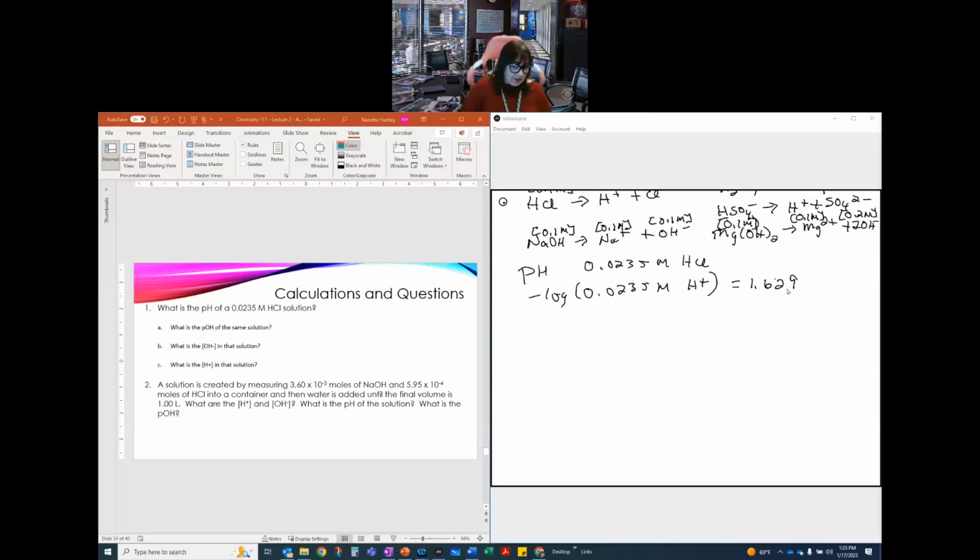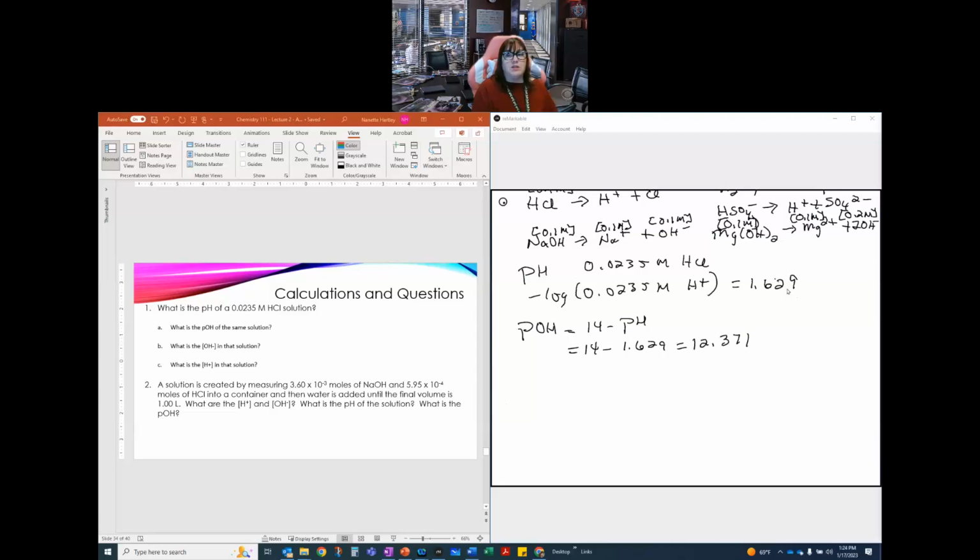Okay, so what's the pOH of that solution? Well, my pOH is equal to 14 minus the pH, which is equal to 14 minus the 1.629, and I can take 14 minus the answer and get 12.371.